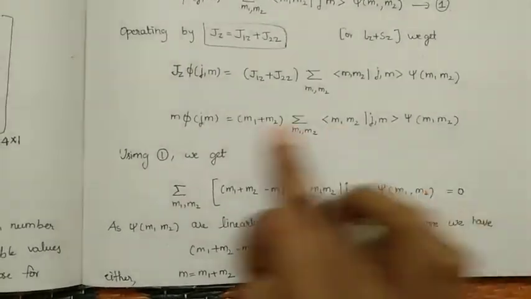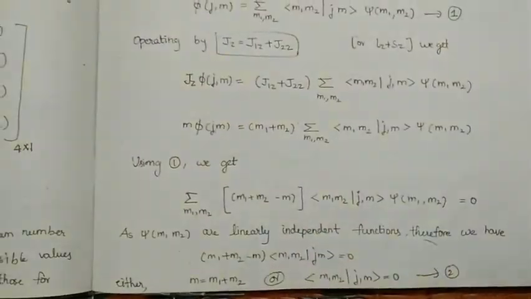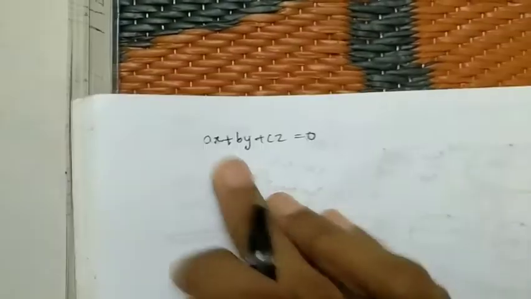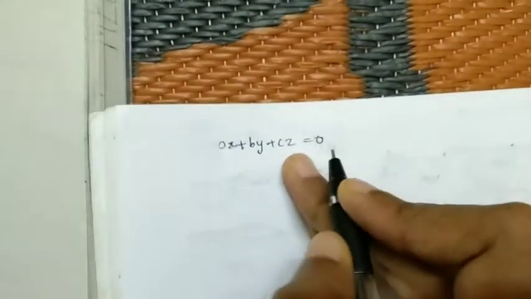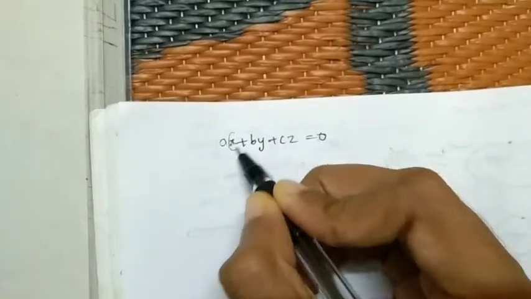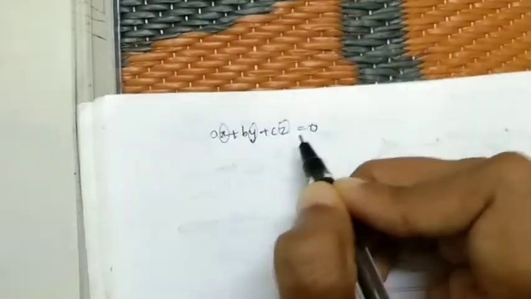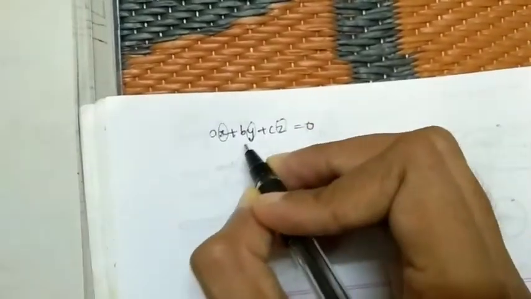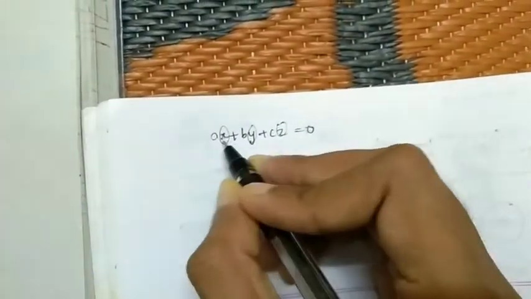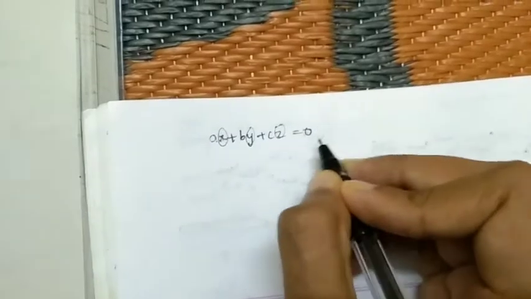So actually the equation was of the form ax plus by plus cz equals 0. As x, y, z are all independent, they do not depend on each other, this is possible only when a, b, c equal 0.